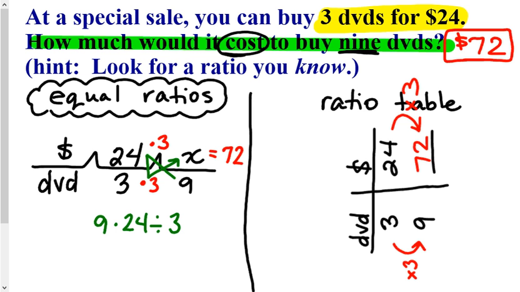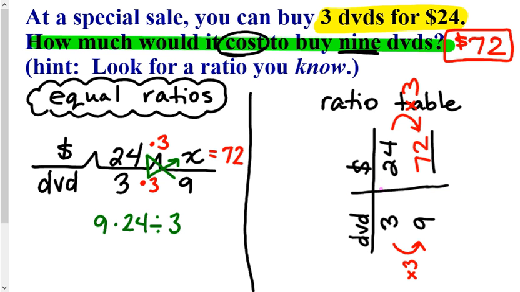Because when I look at this, I have the ratio of the cost to the DVDs is 24 to 3 is how much to 9. So it's really kind of the same question. It's just presented a different way. And that's one thing you'll find is that even though we're going to look at several different methods, the methods are really all related. In some cases, they're just different ways of showing the same thing.